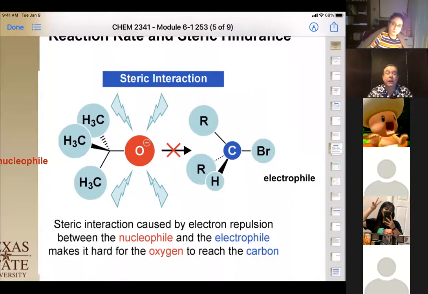So with steric interactions, the more sterically hindered the thing is, the bigger the groups are, the slower the reaction, because the fewer times that you can come in exactly at the right angle to get that transition state to form. Okay. And we're going to talk about nucleophiles and electrophiles in a couple slides. Rate is all about activation energy, concentration, temperature, and steric interaction, right?